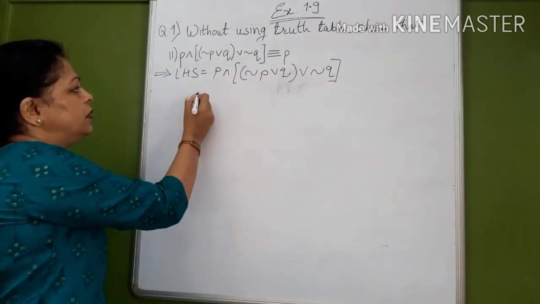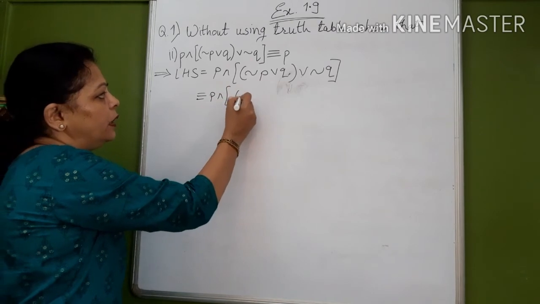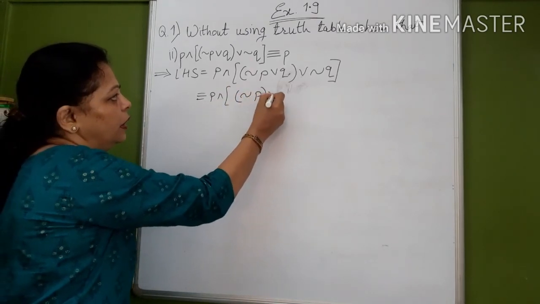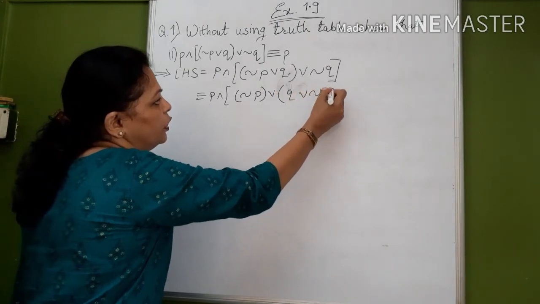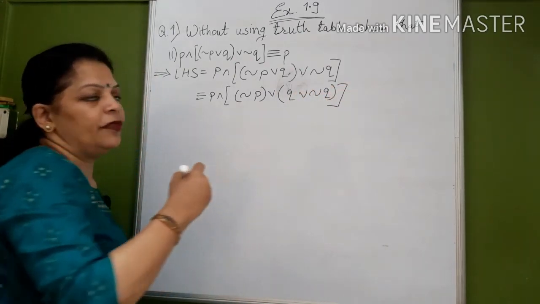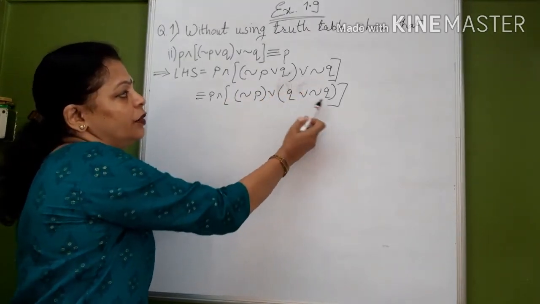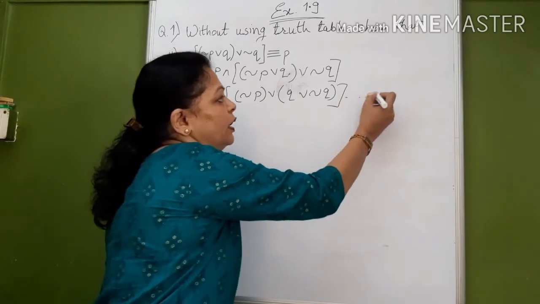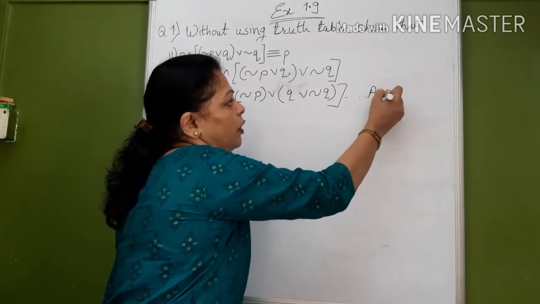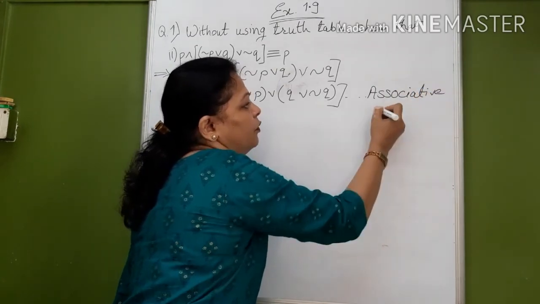So we write this is equivalent to P and (negation P or (Q or negation Q)). Have you understood what I have done? I have paired this Q with negation Q in one single bracket. This is your property called associative law.